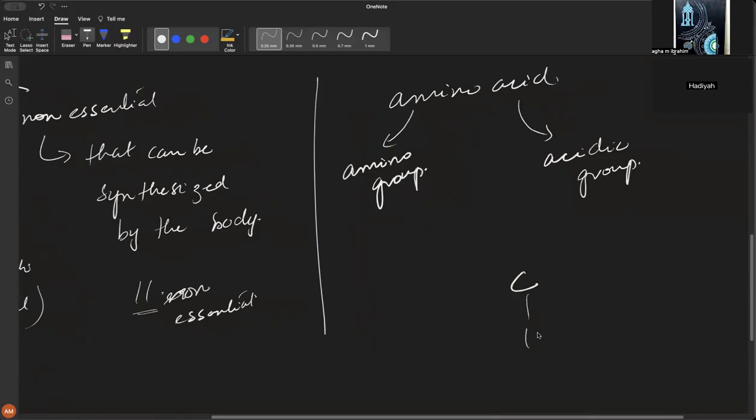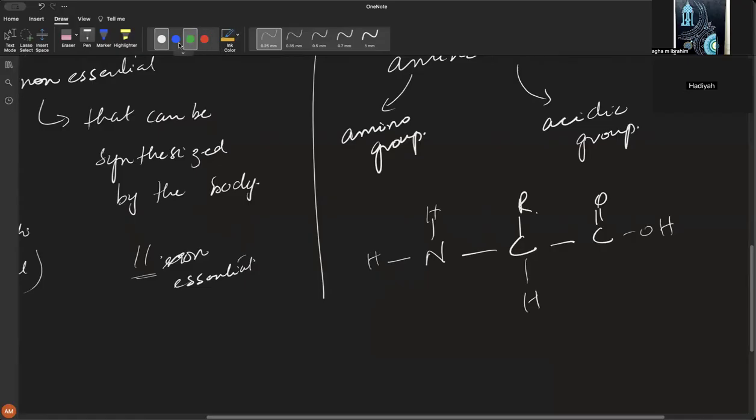Always draw C and draw an H, then draw an R, and then you can draw the amino group, which is like this, and then the acidic group, which is like this. This is the amino group, and this is the acidic group. This small R over here is called the side chain, or the functional group.